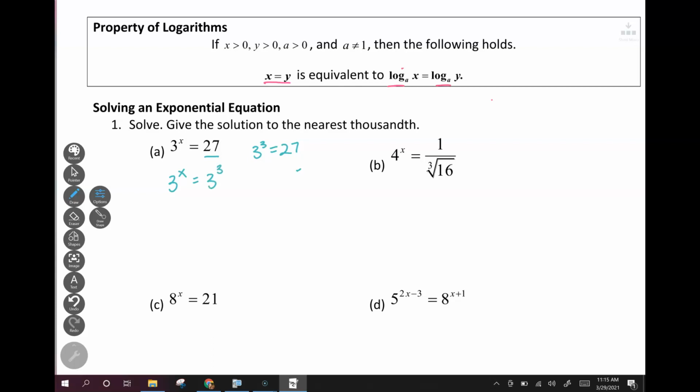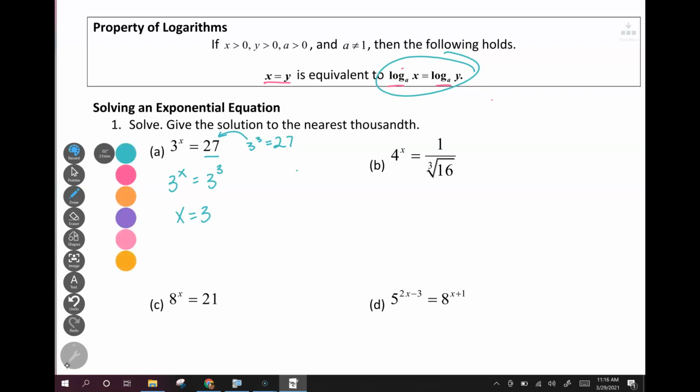And now, similar to this property here, if 3 to the x equals 3 cubed, then x must be 3. So then you can just set those exponents equal to each other, and you've got your x. Okay. So by changing the bases to match, you can just set your exponents equal to each other.